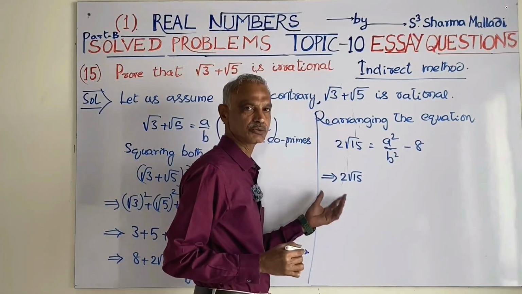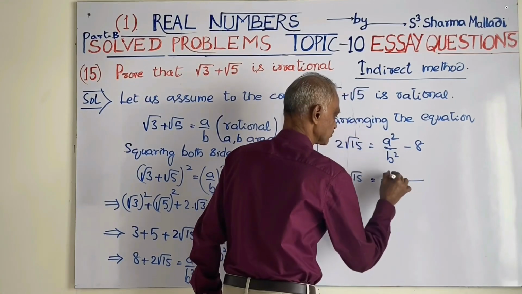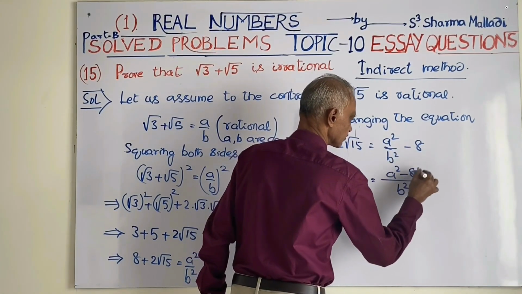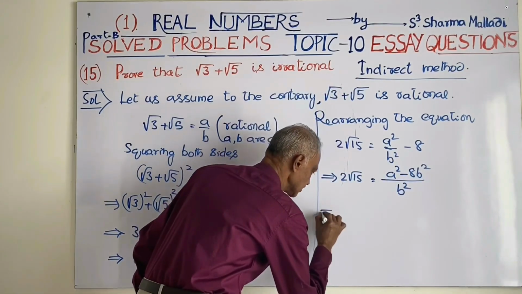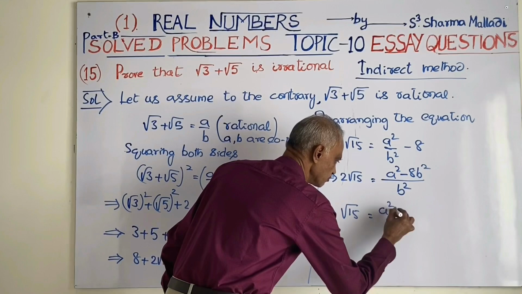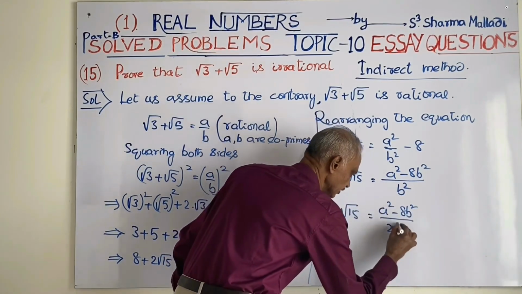Take the LCM, b square, you will get a square minus 8b square. This can be written as root 15 is equal to a square minus 8b square by 2b square.